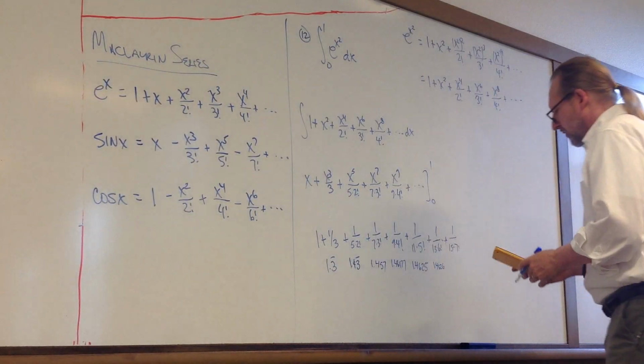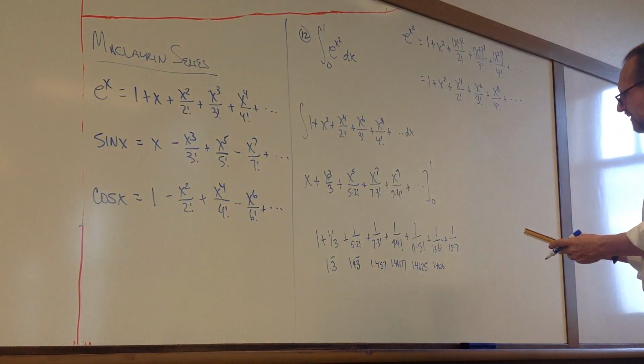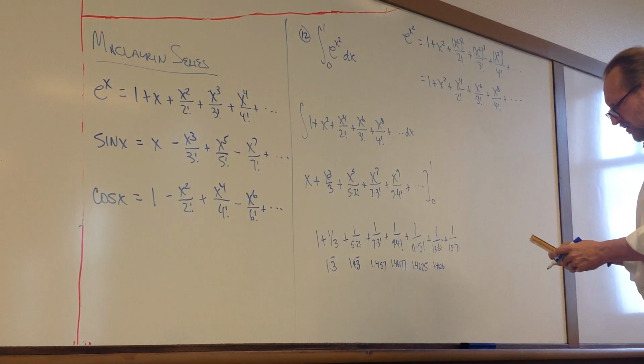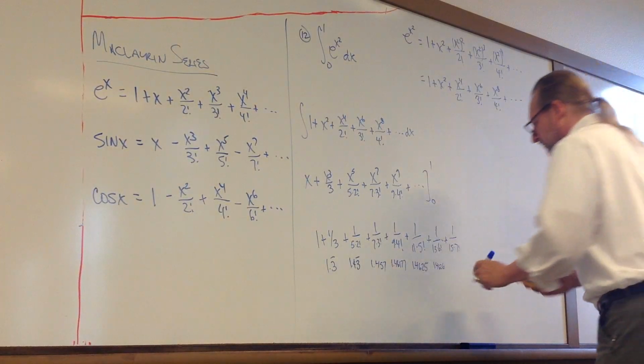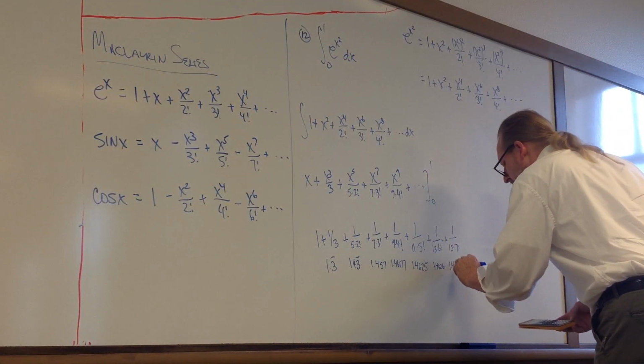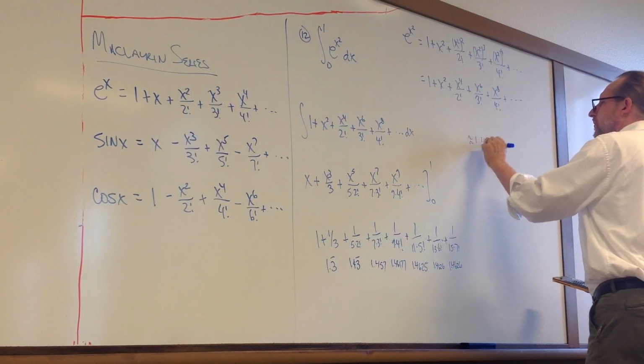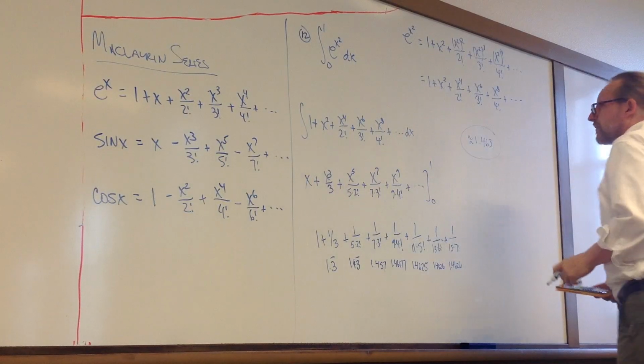And it looks like this is going to round to 1.463. I'll go ahead and add on this last term here, 1.4626. So if we're going to round this, it'll be 1.463 to 3 decimal places.